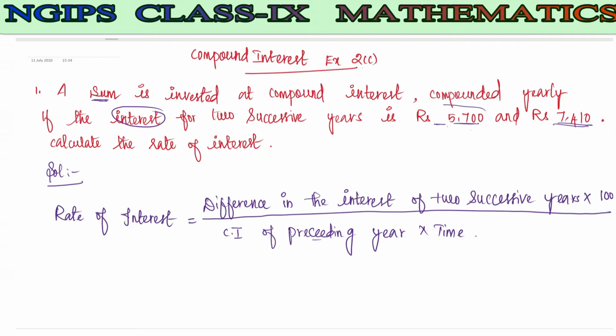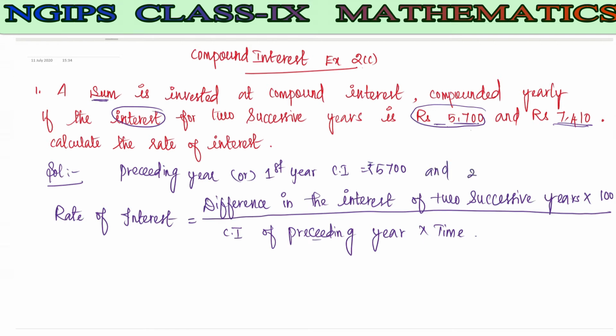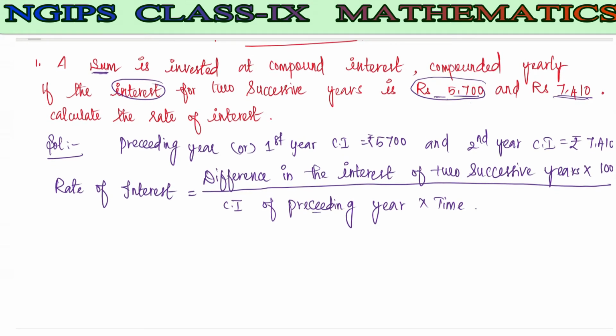So the preceding year, or first year, compound interest they have given as rupees 5,700, and for the second year the compound interest is rupees 7,410.